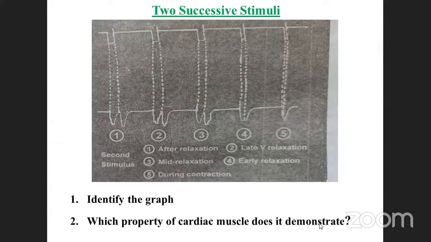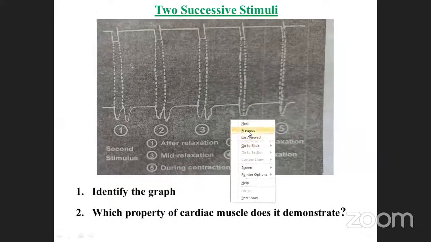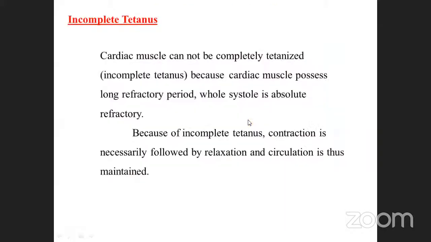Then the next one is incomplete tetanus. Cardiac muscle cannot completely tetanize.